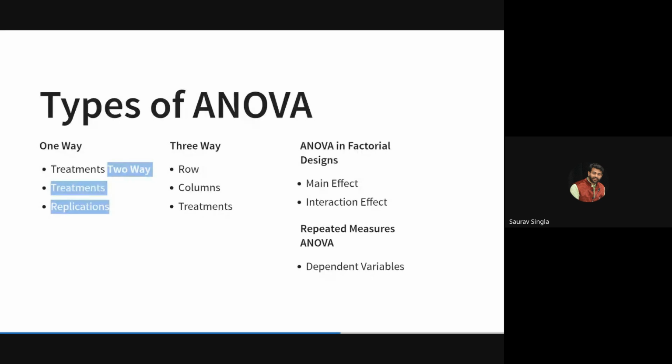So if you have 10 treatments, then you have to repeat each treatment at least 10 times to conduct this three-way ANOVA. In total, you would have to run 100 experimental units if you want to compare 10 treatments. So it is a very resource consuming design. That's why it is usually not very much used in research.